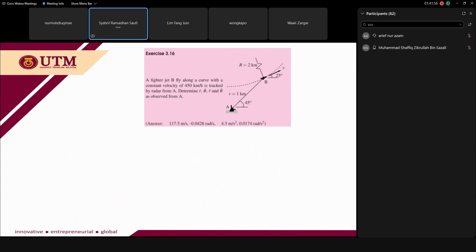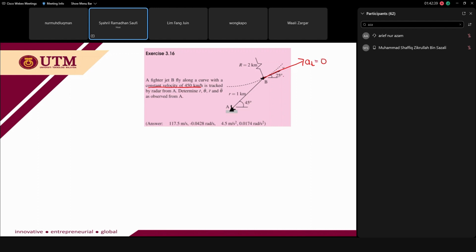So what information do we have here? Fighter jet B flies along a curve with a constant velocity. So the keyword here is constant velocity. V is tangent to the curve. In the analysis, here is acceleration T. Since it is constant velocity, acceleration T is 0.